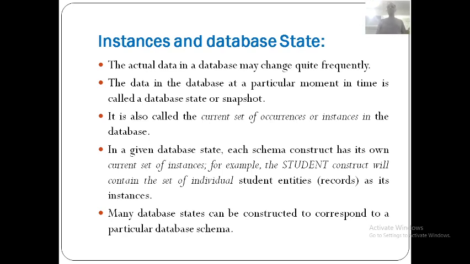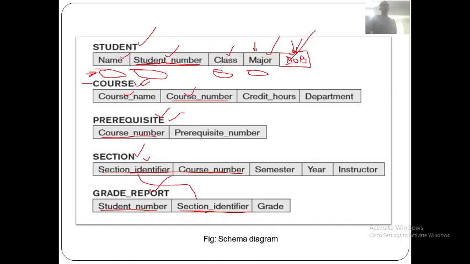Many database states can be constructed to correspond to a particular database schema. What does this mean? Like this: student, course, prerequisite, section, grade report.